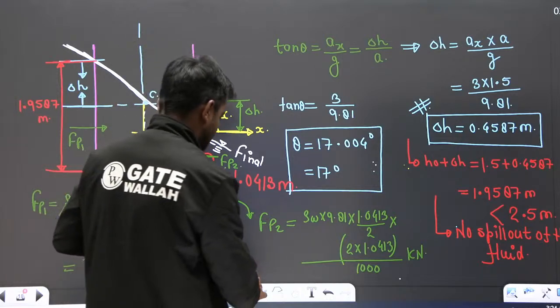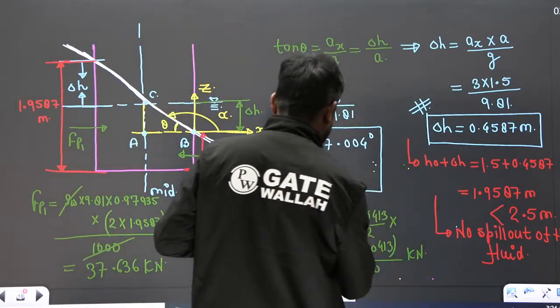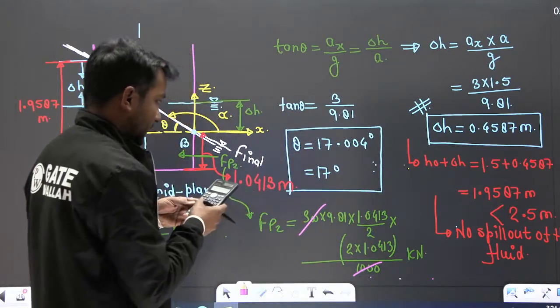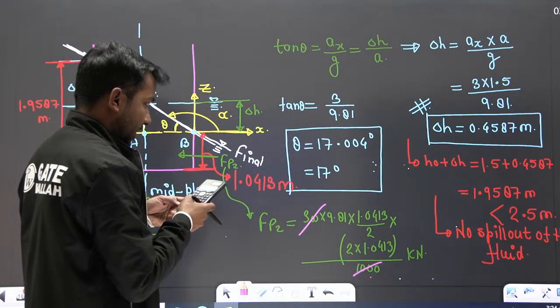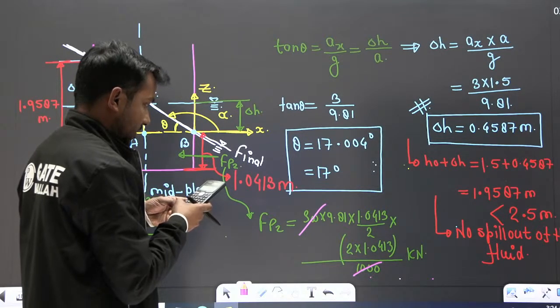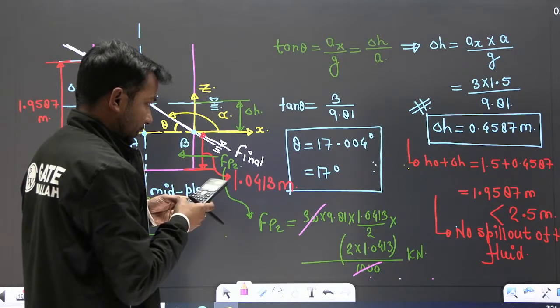So this one is 9.81 multiplied by 1.0413 divided by 2 multiplied by 2 multiplied by 1.0413.